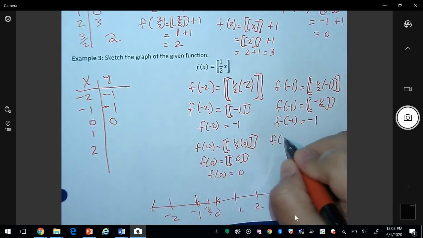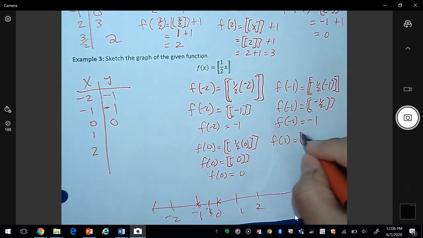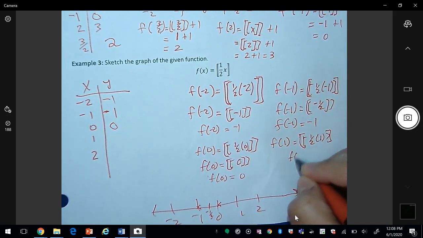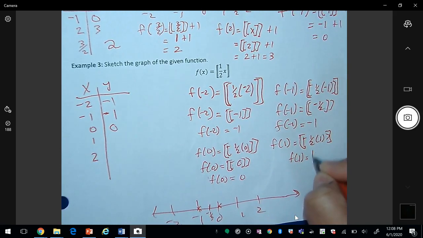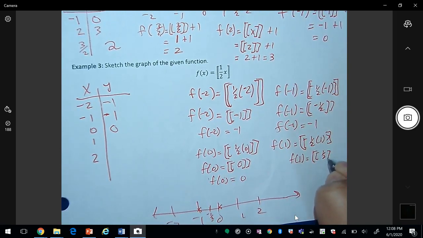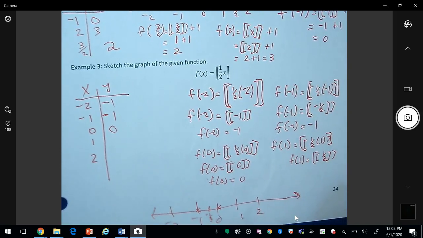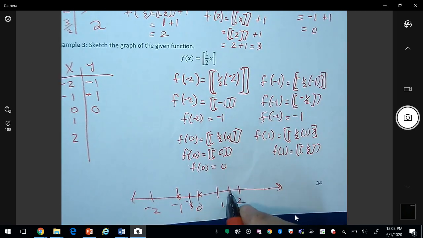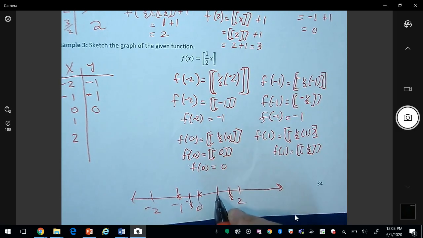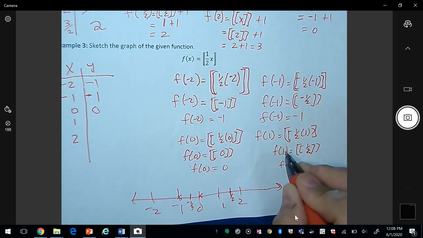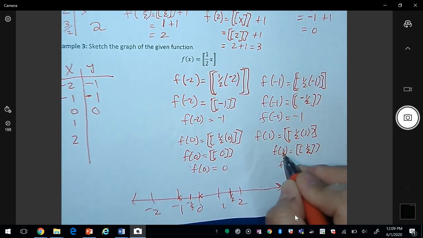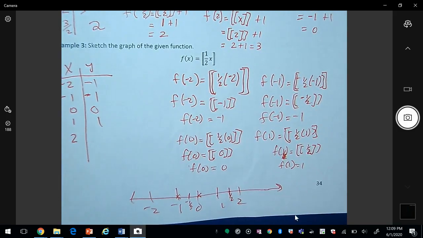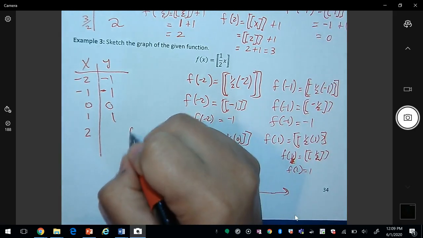And then f of 1, 1/2 times 1 gives me 1/2. So a half is right here. So the greatest integer less than 1/2 is going to be 0. And then last, f of 2.